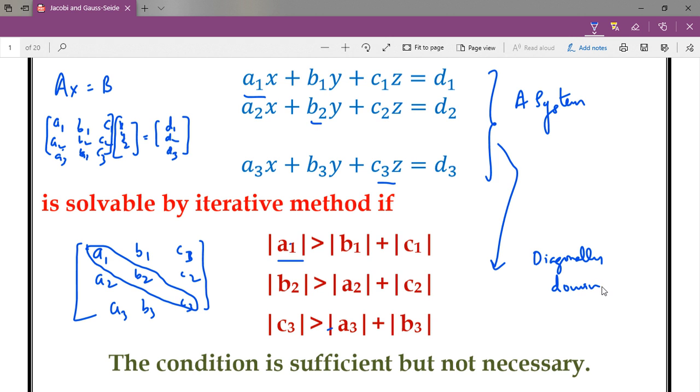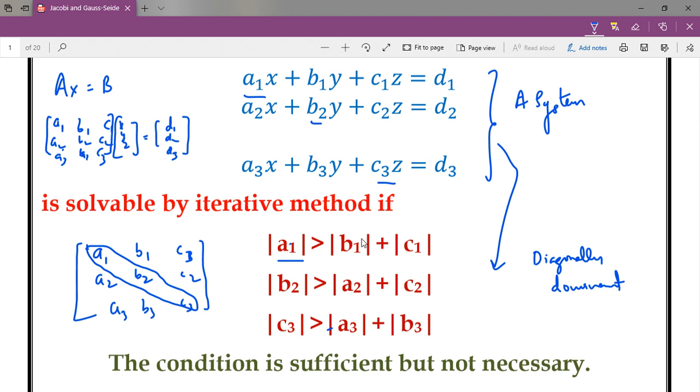Dominant means they must have very large values. The diagonal elements must have very large values compared to the other two elements, b1 and c1. Then we say that the system of linear equations is solvable.